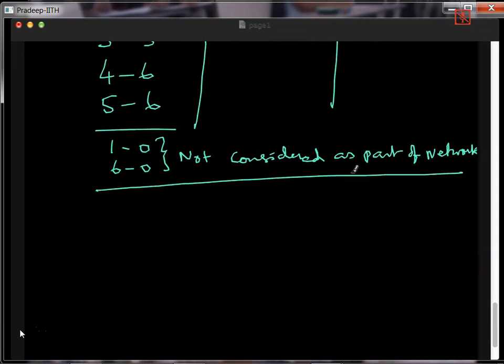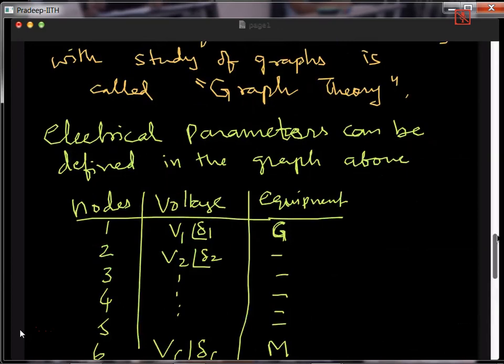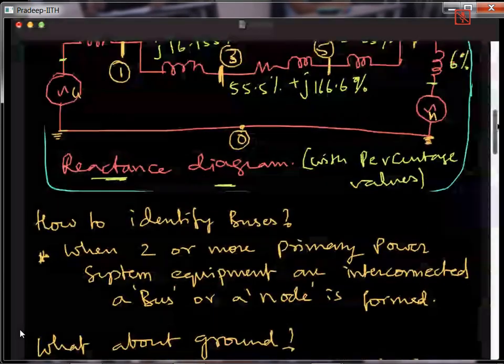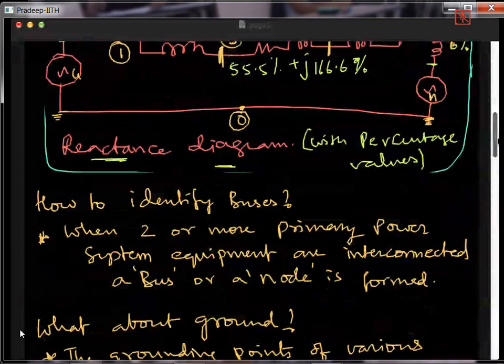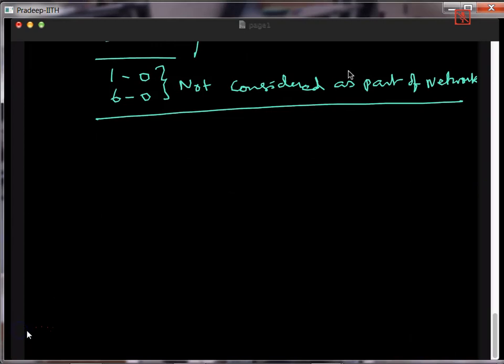So far, whatever I have discussed, I have basically discussed what a graph is and how the graph is formed, how to convert your electrical network into a graph so that you can analyze it.